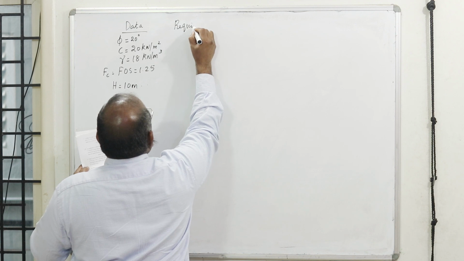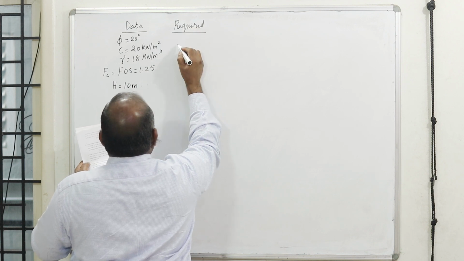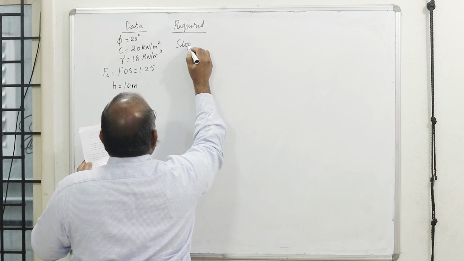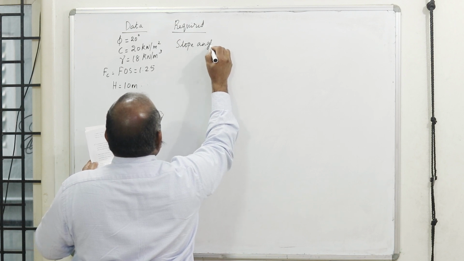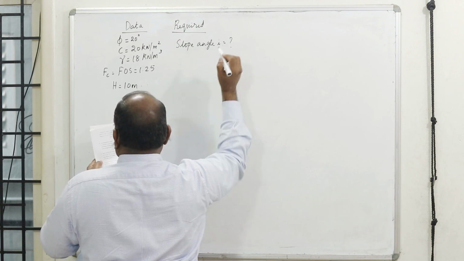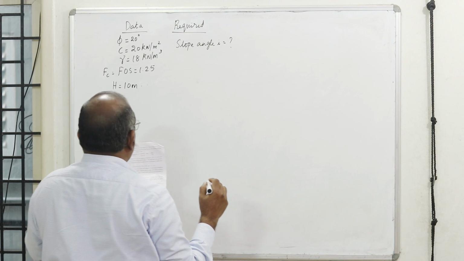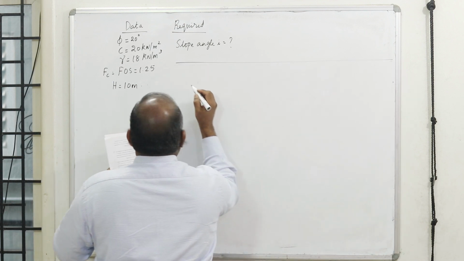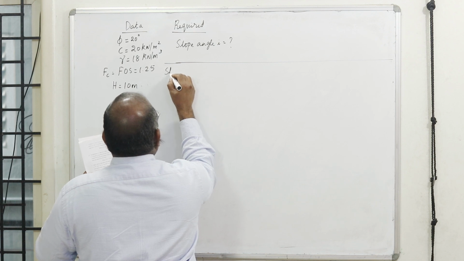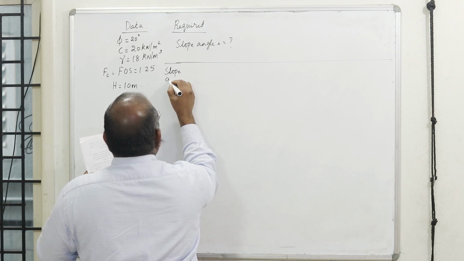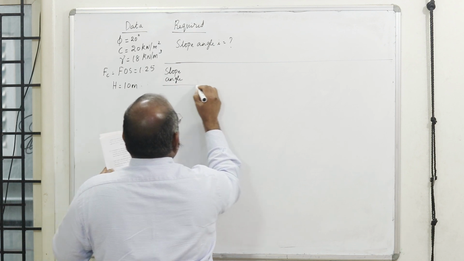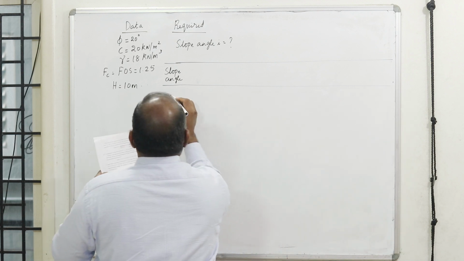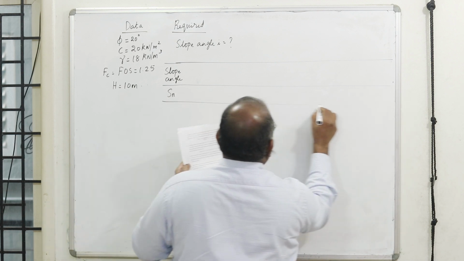You are required to find out the slope angle. Now he has given a chart. He has given the slope angle and the stability number.